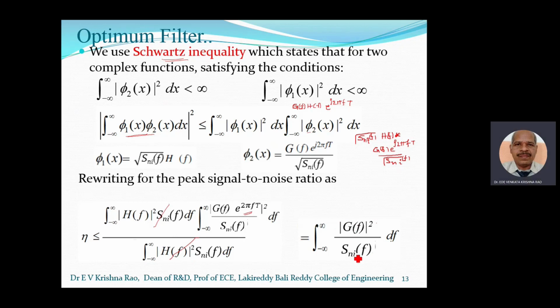This is the input power spectral density of Gaussian noise, and this is the squared magnitude of the input signal, which you can consider as energy. So this integral is taken as the SNR of the optimum filter, which is to be maximized.